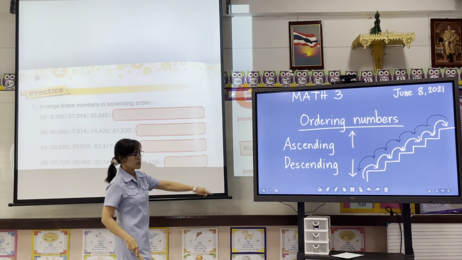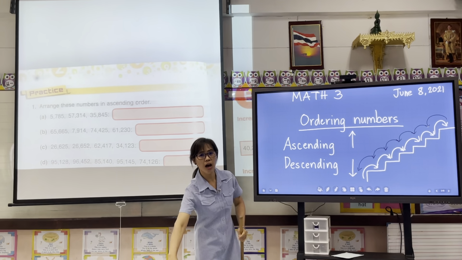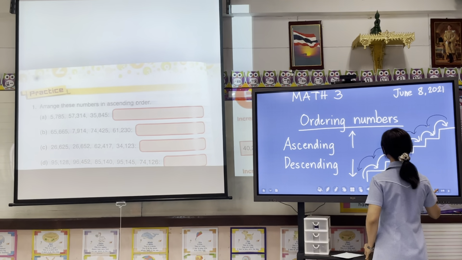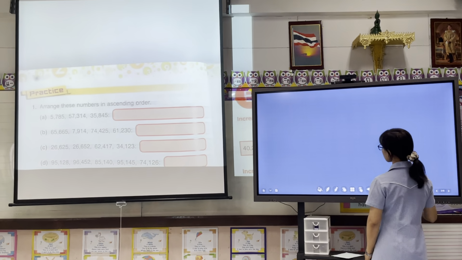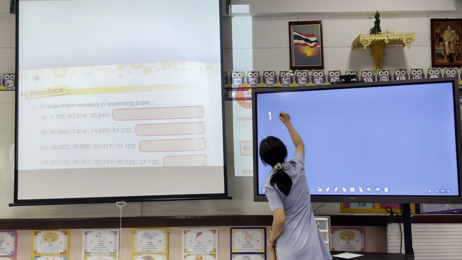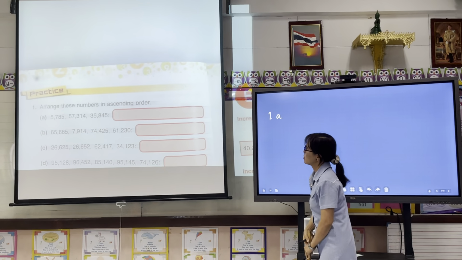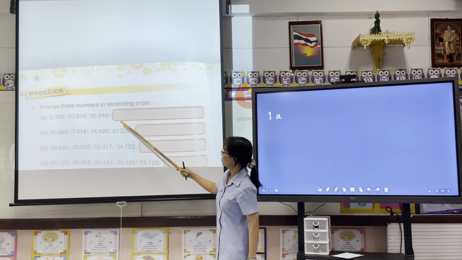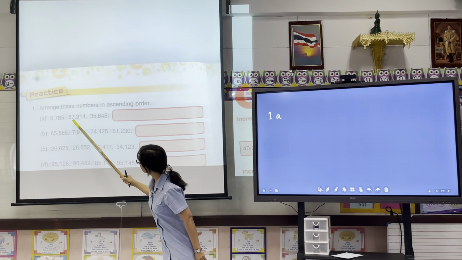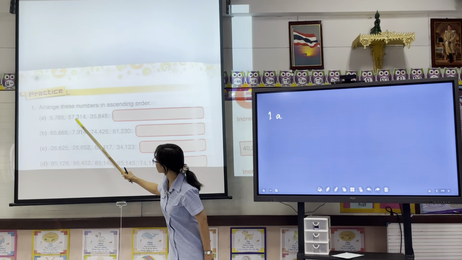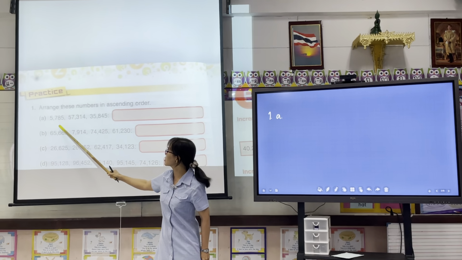Ascending, you see this? Ascending is going up. Alright, let's go up. Alright, number 1, letter A. So ascending, okay, going up. Which is the smallest number here?